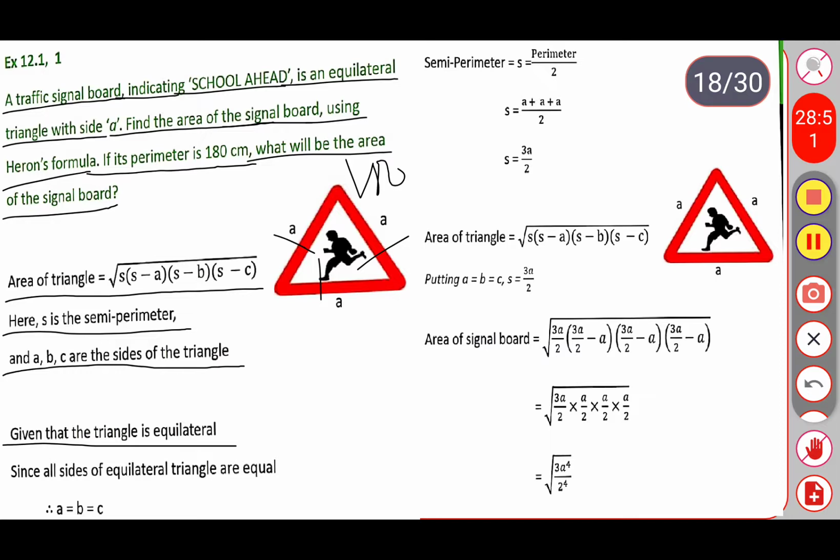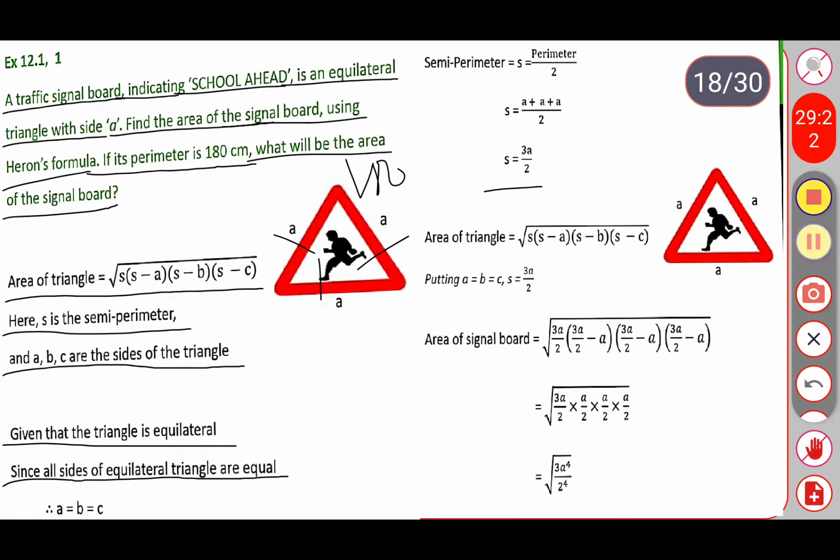So since all the three sides are equal in an equilateral triangle, it means A is equal to B, B is equal to C, right? Therefore the semi perimeter is equal to, what is that formula? A plus B plus C. Instead we are using here A plus A plus A because all three sides are equal. Therefore S is equal to 3A divided by 2.